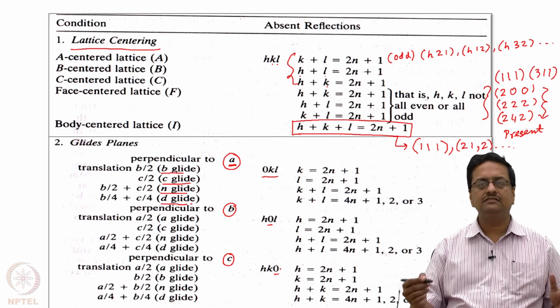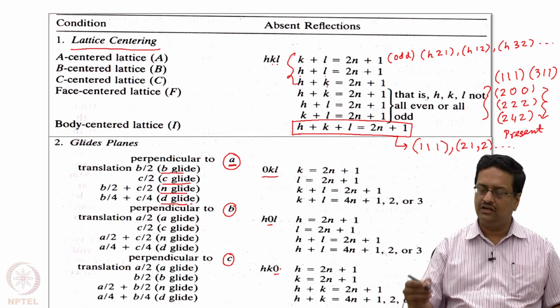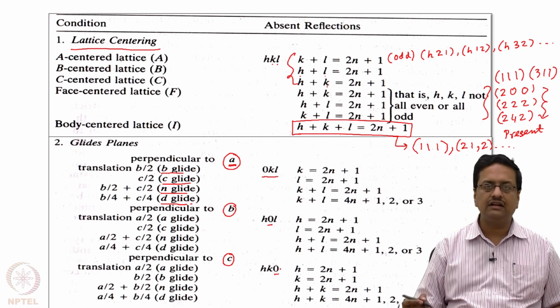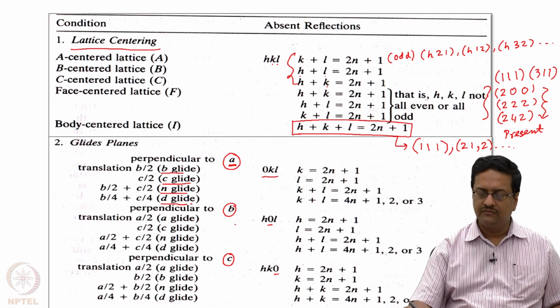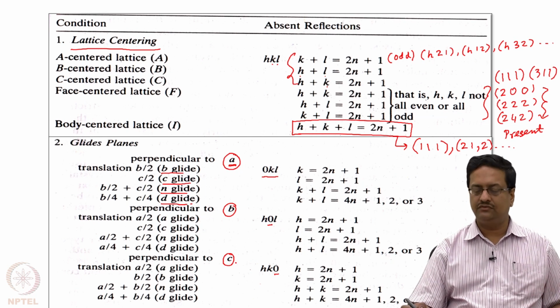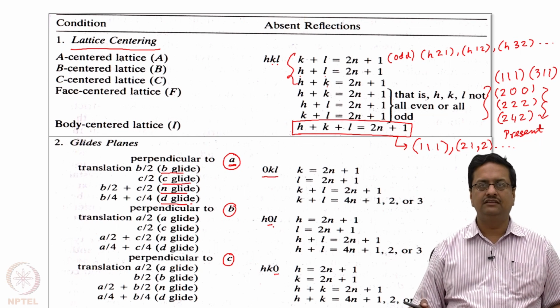At the moment, you may need to memorize this because we have not understood how these systematic absence conditions can be derived, but the easier way to remember is this. When a plane is perpendicular to A, the H index is 0. When a plane is perpendicular to B, the K index is 0. When a plane is perpendicular to C, the L index is 0, and this set of reflections suffers systematic absences under certain conditions.